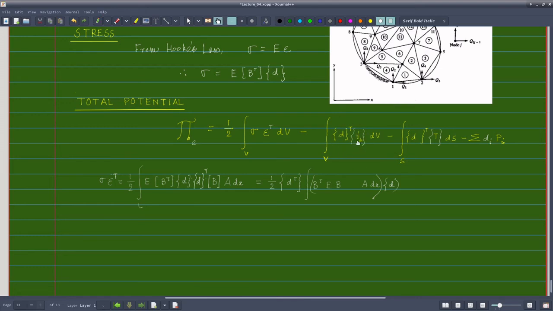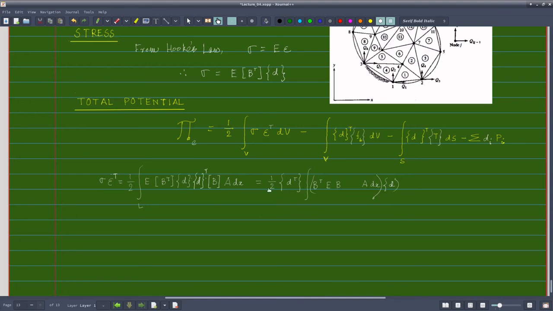So if I have found out the consistent body force load vector, then d transpose into the consistent load vector due to body force, that I need to integrate, and then d transpose into surface traction, that has to be integrated over the surface area of the element, and these are the work potential of the concentrated nodal loads whatever are there.